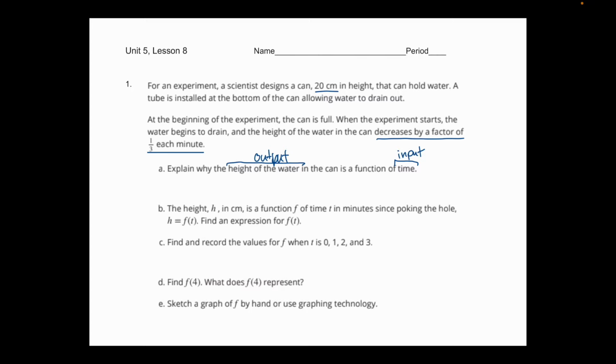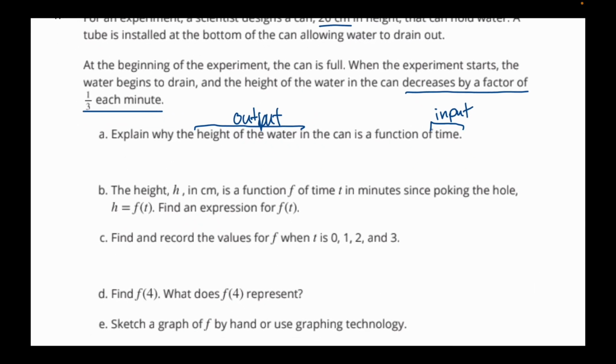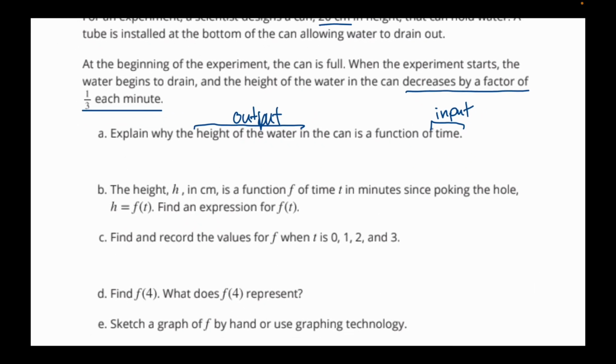So for each input, there's only one output. That means for each specific time, there's only going to be one height of water that corresponds with it. Essentially saying the water cannot be two different heights at the same time. It would be physically impossible. So let's write that out in some mathematical terms.